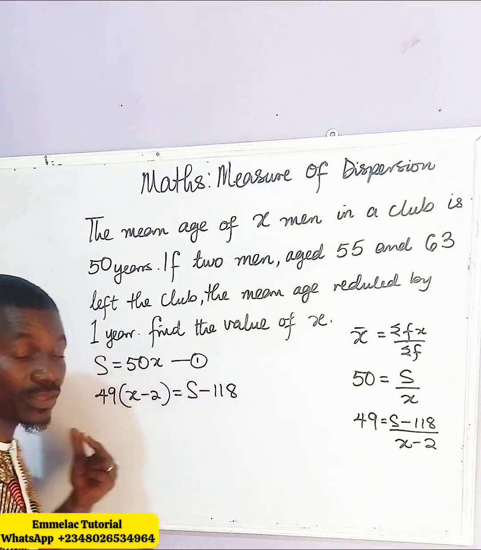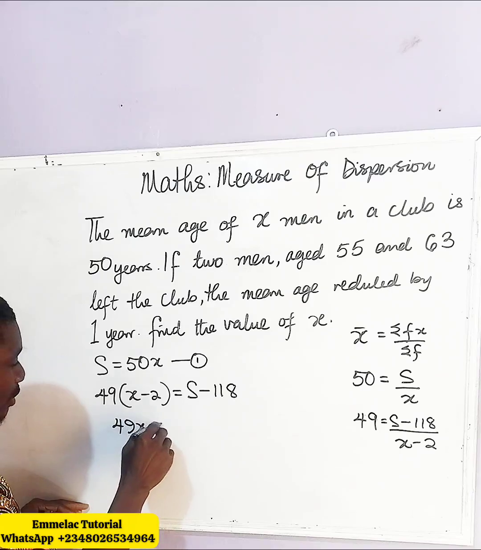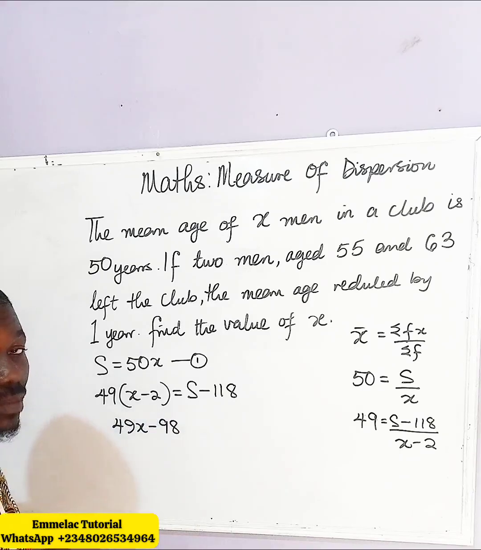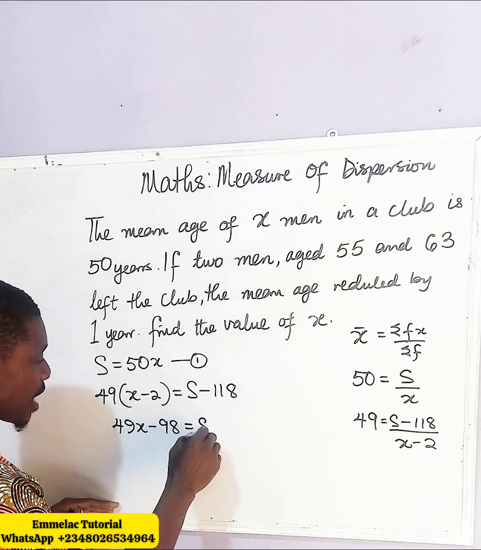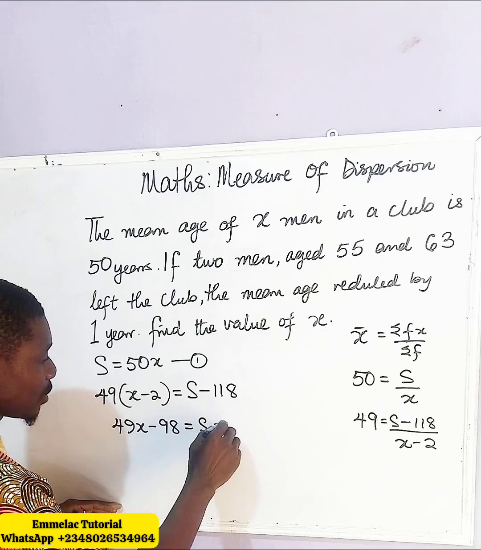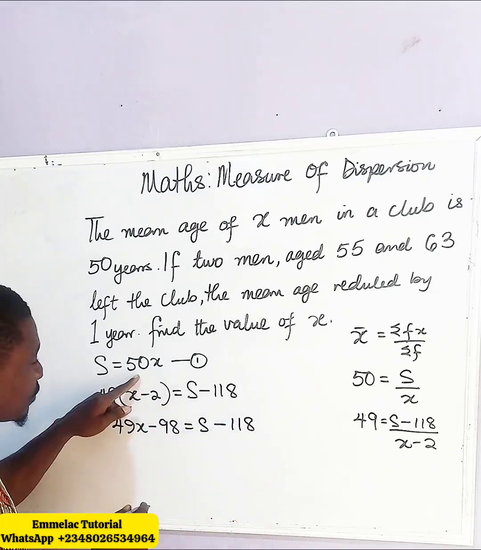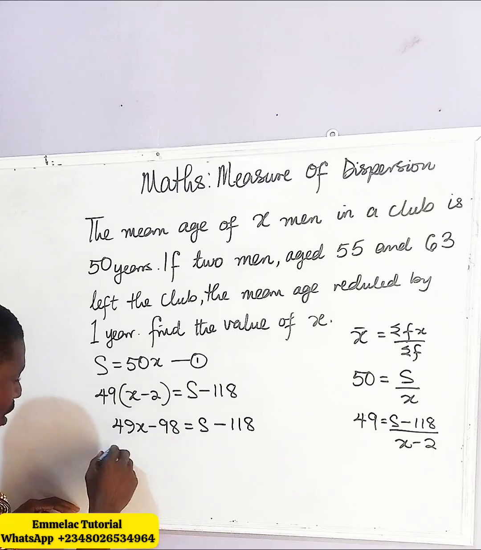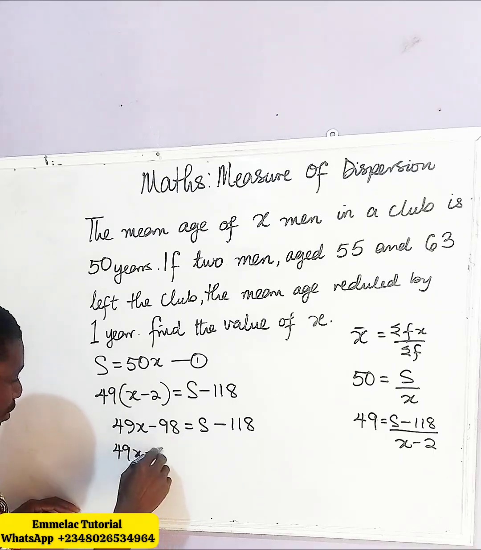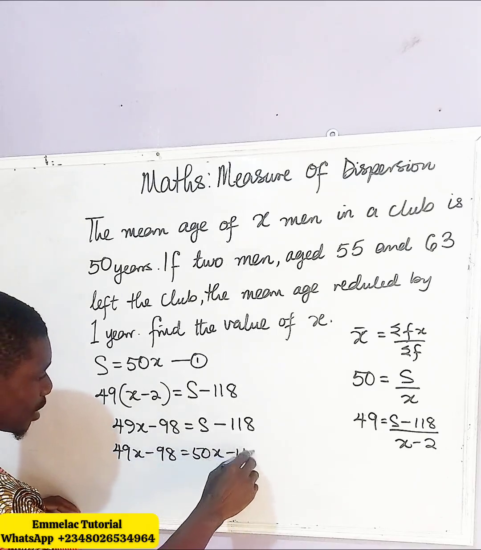Now opening the bracket on the left hand side, we have 49x minus 98, because 49 times 2 is 98, equals S minus 118. But let us recall that S here is 50x. So here we have 49x minus 98 equals 50x minus 118.